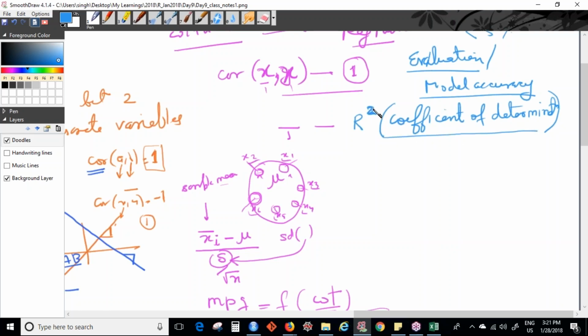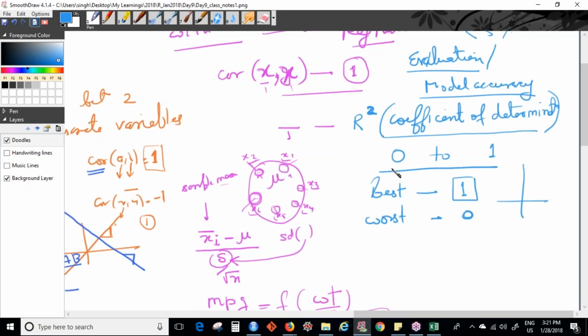As the name suggests, it is square of a quantity, so it can take only positive values, between 0 and 1. The best value is 1. Worst value is 0. This is a very similar concept to correlation.